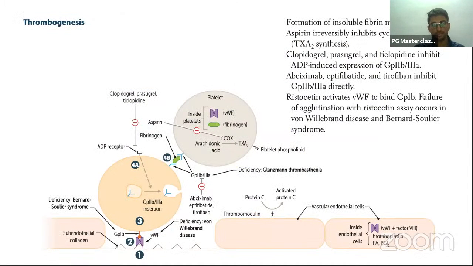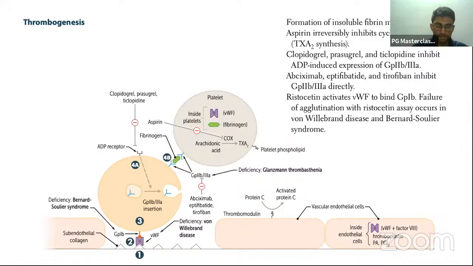These are the antiplatelets which I would like to discuss in a very short manner. GP2B3A, the factor which is important for aggregation of multiple platelets with fibrin, is inhibited by abciximab, eptifibatide, and tirofiban.